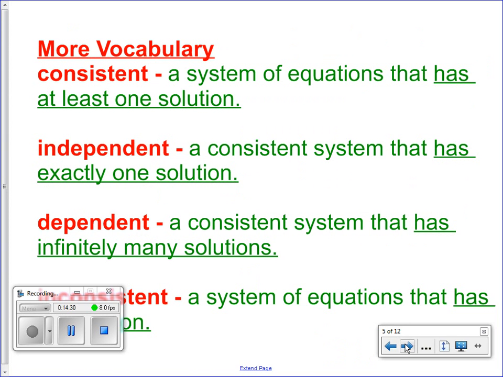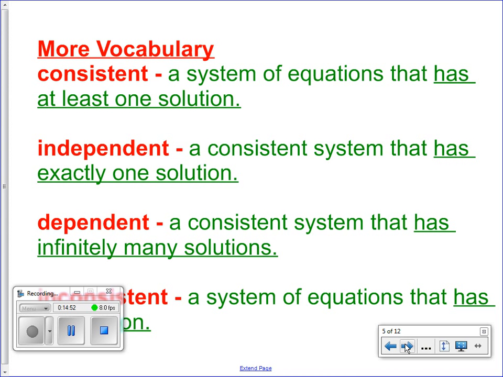Okay, a few more vocabulary words. And this has to do with our graphs. First of all, the word consistent is a system of equations that has at least one solution. An independent system is one that is consistent, that has exactly one solution.